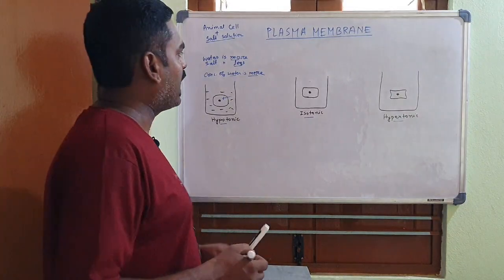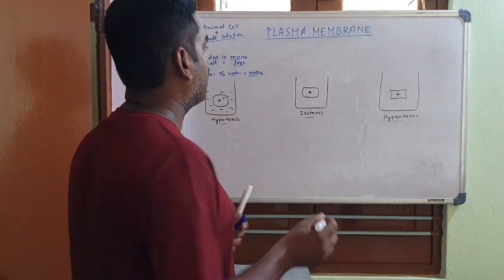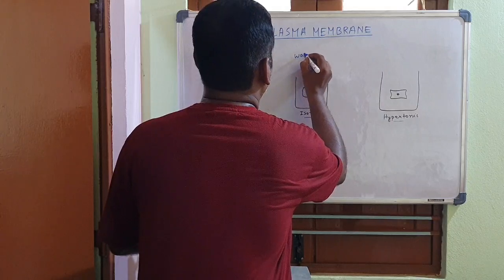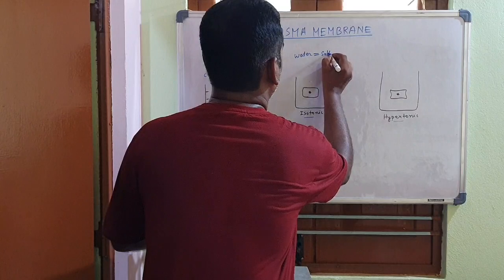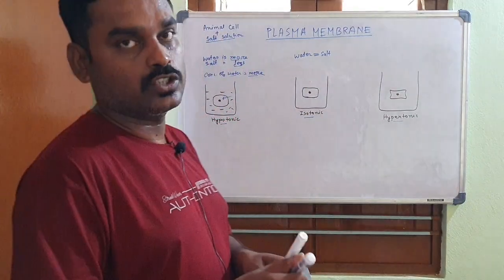Now in the case of an isotonic solution, water and salt are in more or less equal amounts.